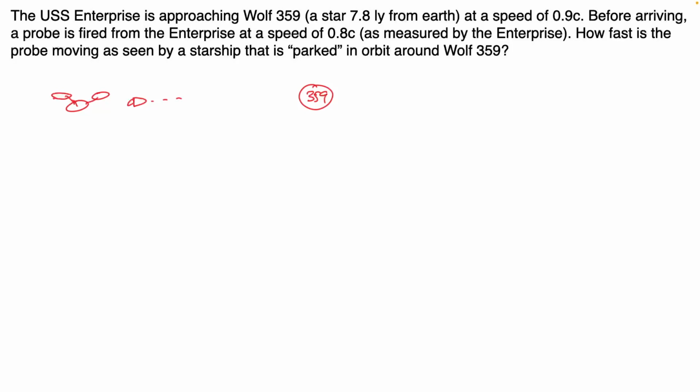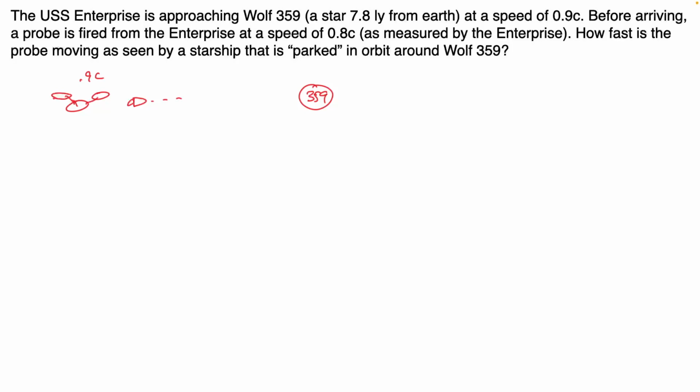Because if the Starship Enterprise sees Wolf 359 coming at them at 0.9 c, what is a ship at 359 going to see the Enterprise doing? Coming at them at exactly the same speed. So the 0.9 we could attach to the Starship Enterprise, as seen by Wolf 359. And vice versa.